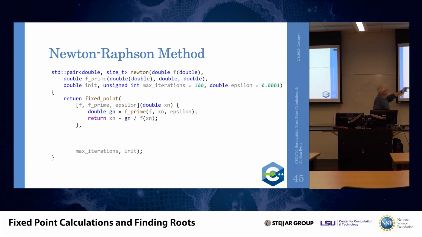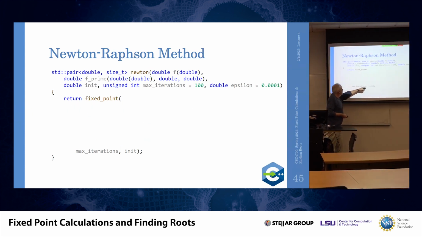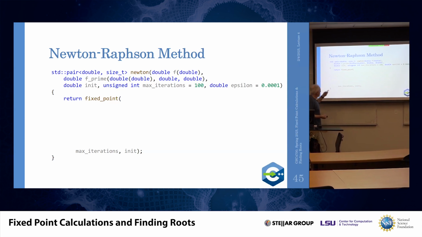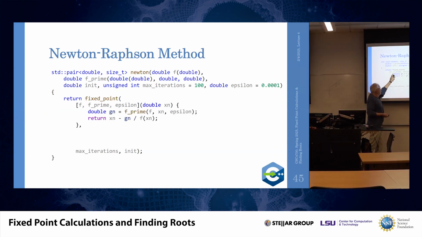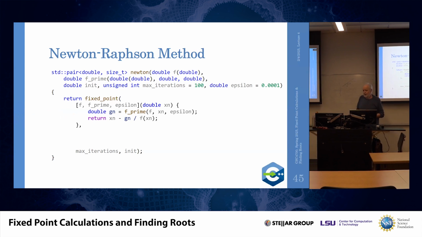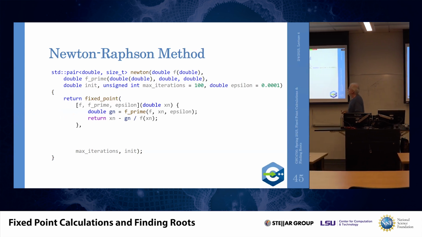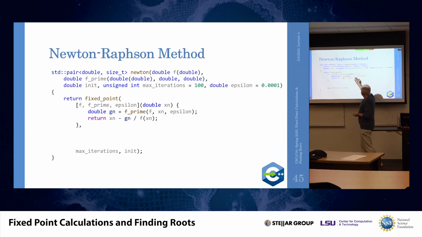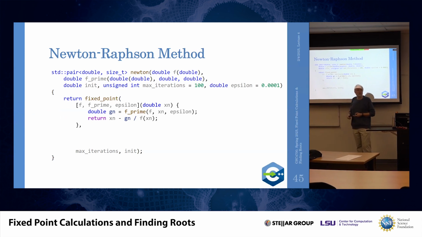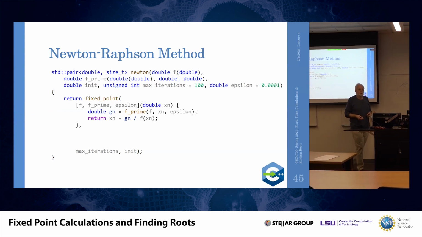Well, remember, fixed point takes the max iteration and the init and 2 lambdas. The first lambda computes the next value of the iteration, which in this case uses f prime and does the computation in accordance with the Newton-Raphson method.